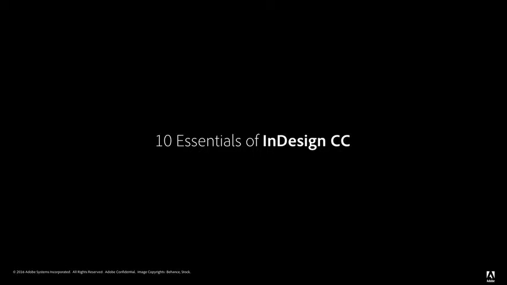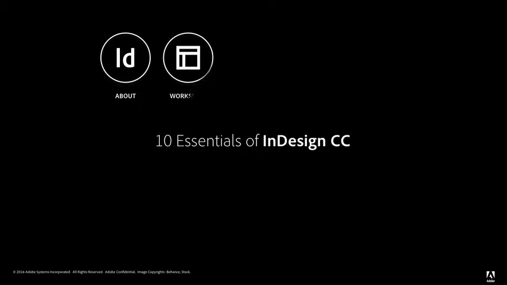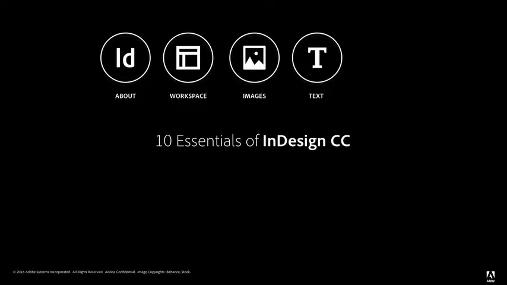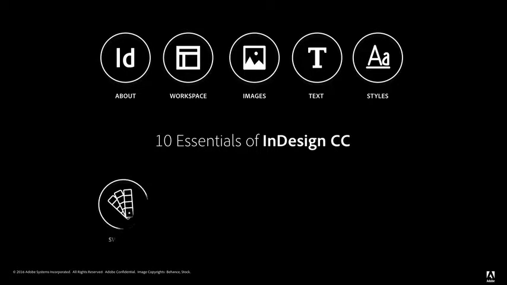Let's move ahead. Ten essential things that we would love to learn in InDesign if we start from scratch. Talking a bit of the product, the workspace that we have inside the product. How do we play around with images? How do we put text onto canvas? How do we put styles to text? And styles is really powerful in InDesign.